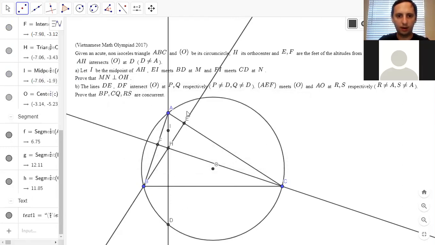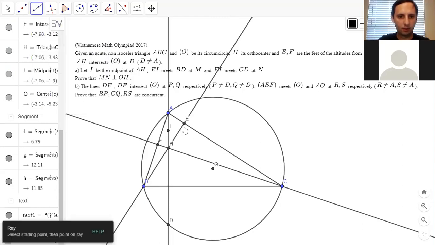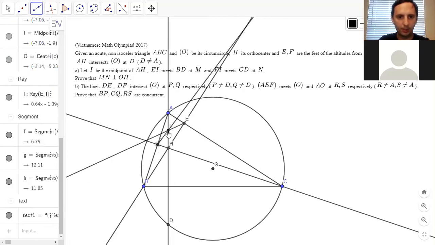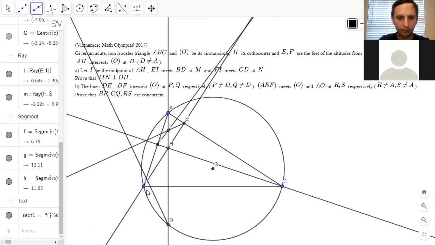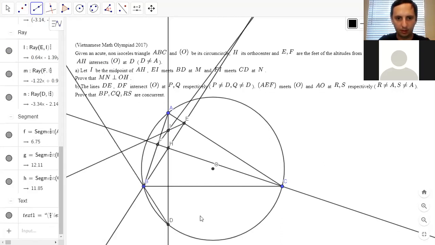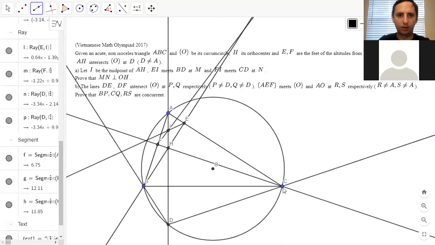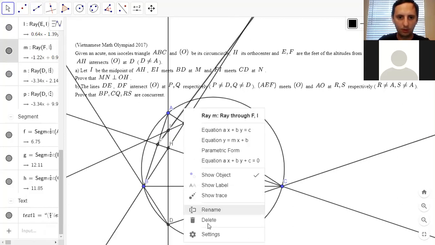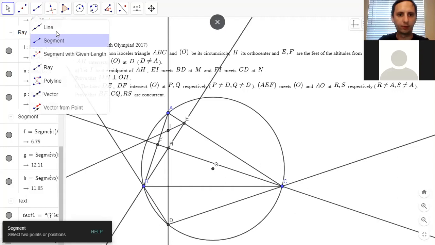And EI meets BD at M. Okay, so we draw EI and FI. And we want to see where they meet BD and CD. So I'll make the diagram look nicer. Well, that's going to be hard. We want to see where FI meets CD. Oh, you know what? I should have drawn this as a line instead of a ray. We'll do that. Don't worry, I'm going to erase everything eventually.